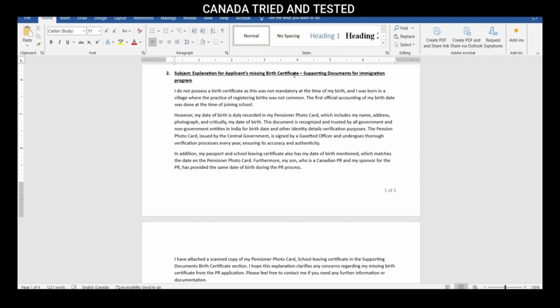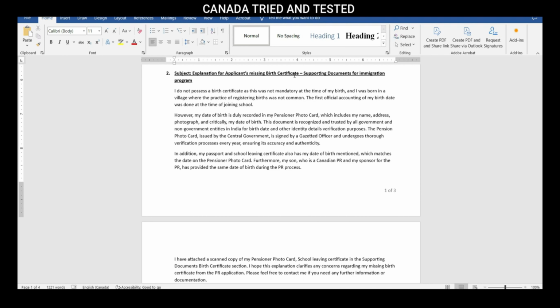This document is recognized and trusted by all government and non-government entities in India for birth date and other identity verification purposes. The pension photo card issued by the central government is signed by a gazetted officer and undergoes a thorough verification process every year, ensuring its accuracy and authenticity. If you know how the government pension works, every year you have to tell them that you are alive.